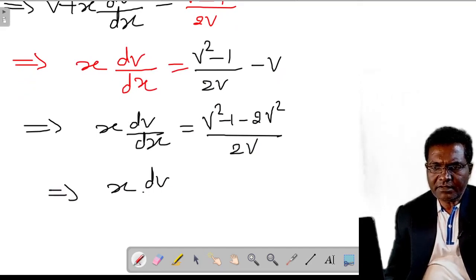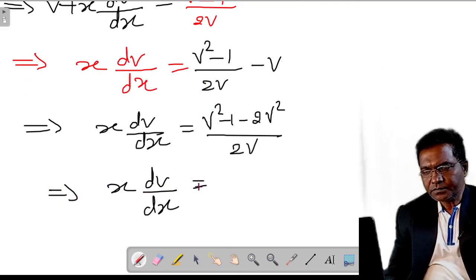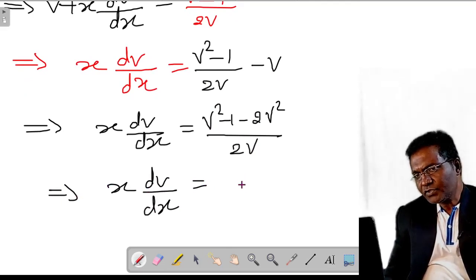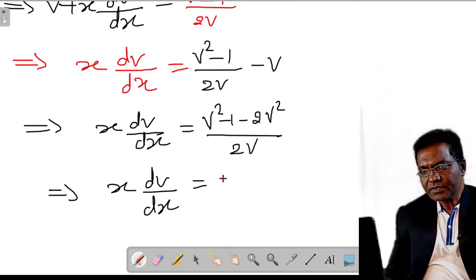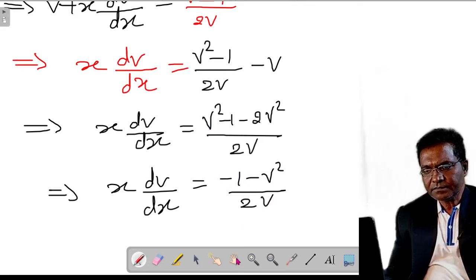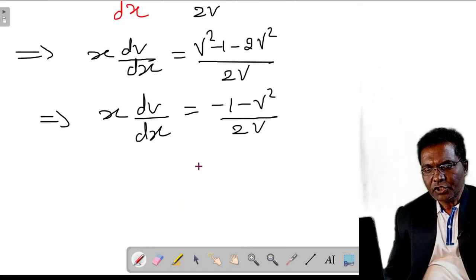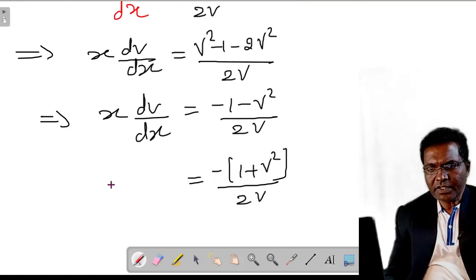This is x dv by dx equals to v square minus 2v square is minus v square. So I can write minus 1 minus v square by 2v. You may write minus taking common, 1 plus v square by 2v.